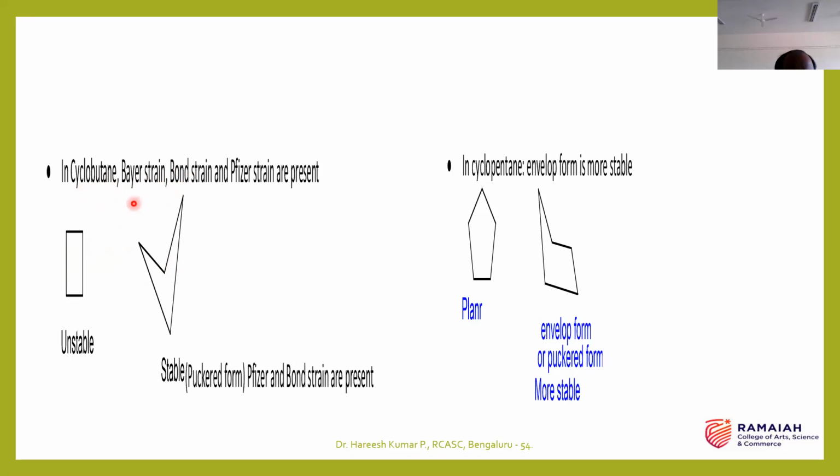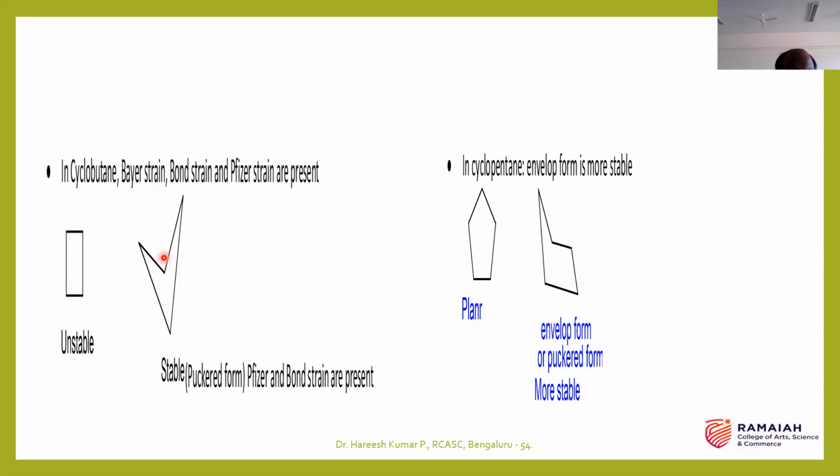In cyclobutane you can also find the Bayer strain, bond strain, and Pitzer strain. This particular conformer is called the puckered conformer, and this is the planar one. That's what you need to remember.